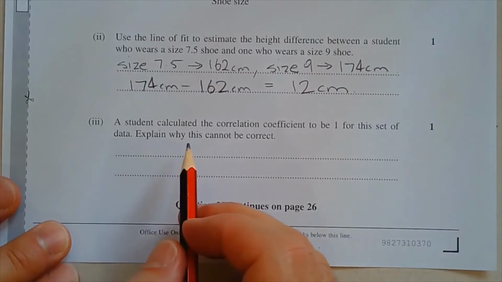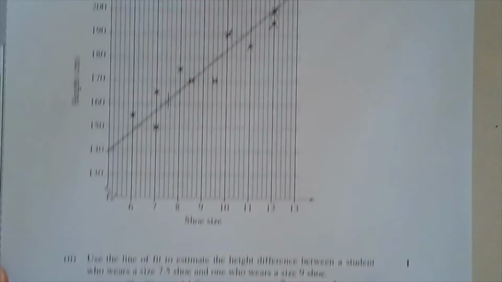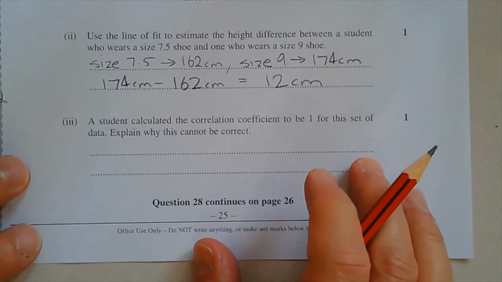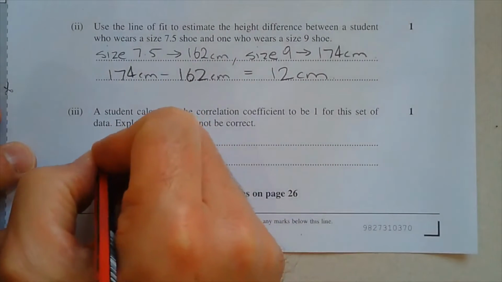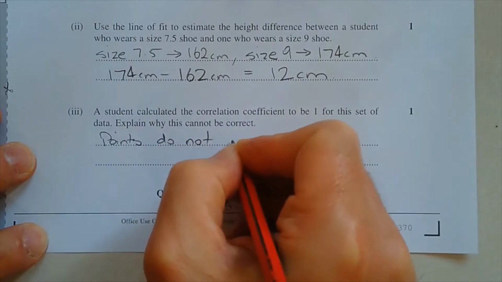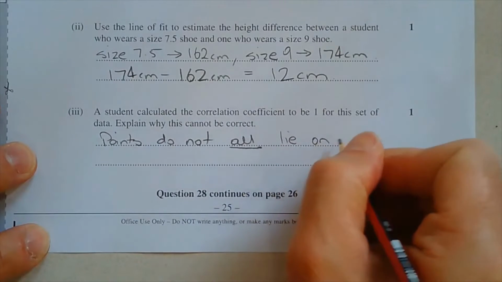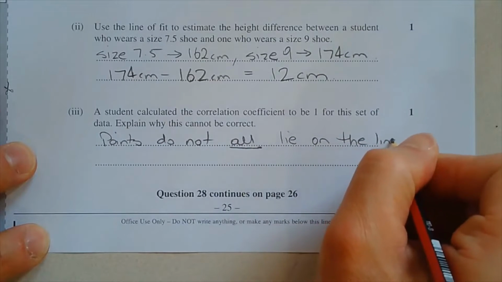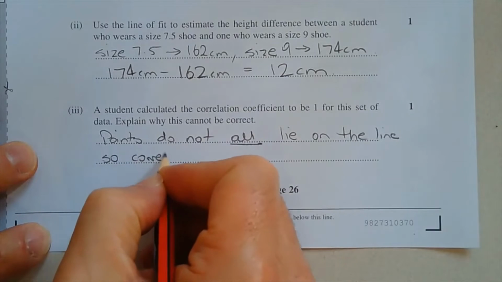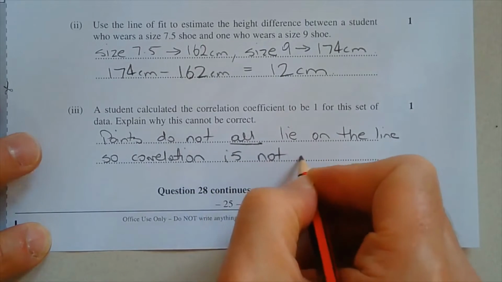Now let's get back to part 3. A student calculated the correlation coefficient to be 1. Explain why this cannot be correct. Now we can clearly see why. You can see that the points do not all lie on the line, so correlation is not perfect.